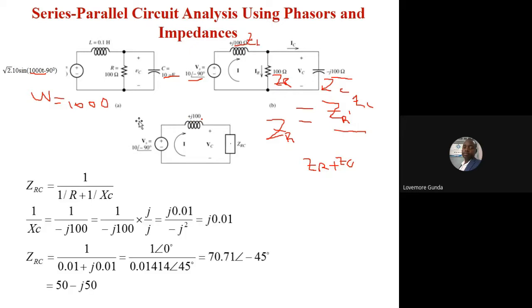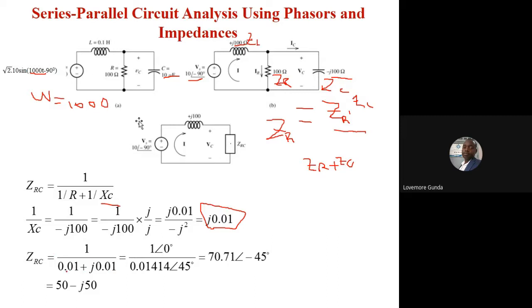So what is ZRC? Product over sum. First, we want to find the XC. We know it's 100 there. So it's now 1 over R plus 1 over XC, that's j 0.01. So now we have 1 over 0.01 plus j 0.01.